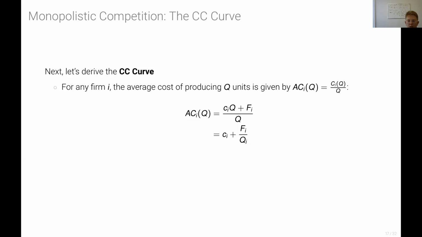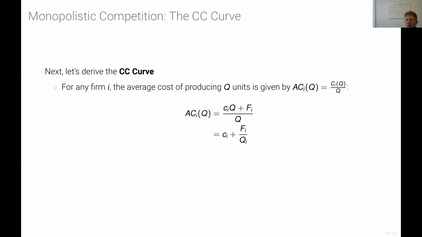The average cost is the total cost divided by the quantity produced. If we divide the total cost by Q, we get that the average cost is equal to the marginal cost plus the fixed cost divided by the quantity that we produce.